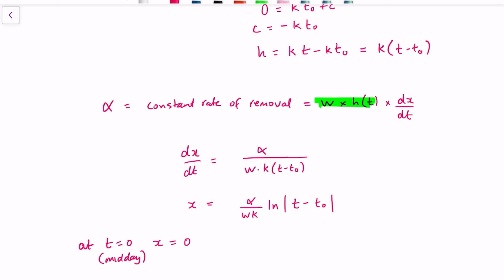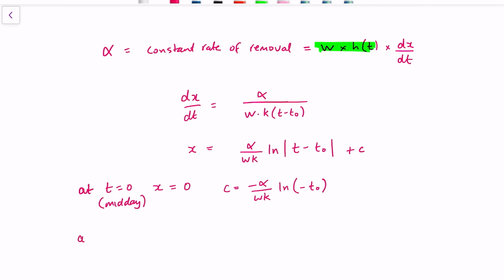And if we substitute that information in, oopsies, forgot a plus c there, we get c is equal to minus alpha over wk times ln of minus t naught. Now I've dropped the absolute value symbols there because t naught will be a negative. T naught was the time that the snow started falling, and 0 is equal to midday, so it's a negative number. Minus t naught will be a positive number. I don't need absolute value symbols there.